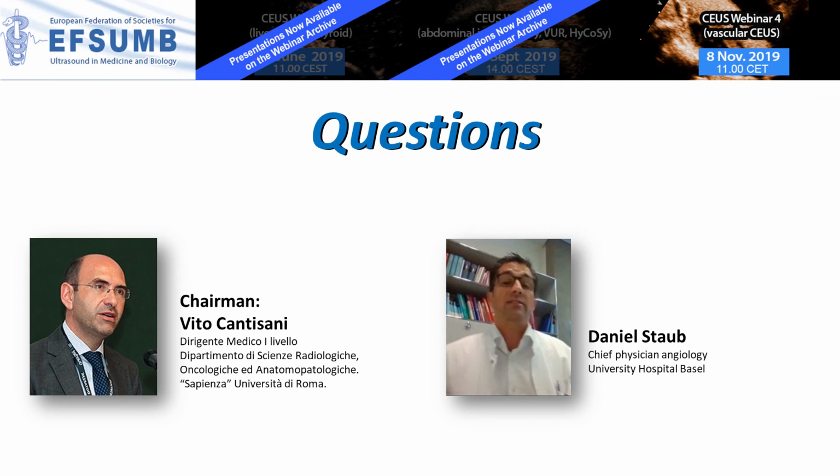Do you have a rate or an idea of the changes of the diagnosis from stable to unstable according to the presence of neovascularization by means of CEUS? Okay, this is an interesting question.